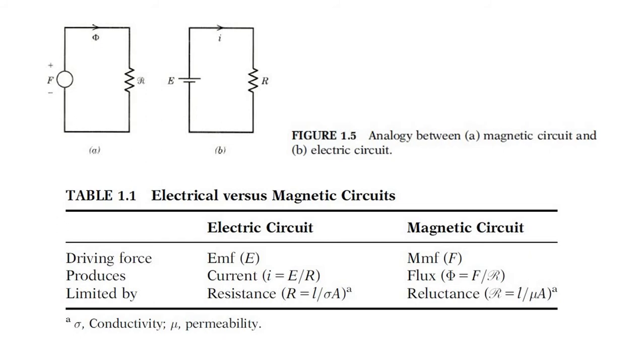Produces: in the electric circuit current I is equal to V divided by R; in the magnetic circuit flux phi is equal to MMF divided by reluctance. Limited by resistance R in the electric circuit, and in the magnetic circuit reluctance R is equal to L divided by mu naught into A.